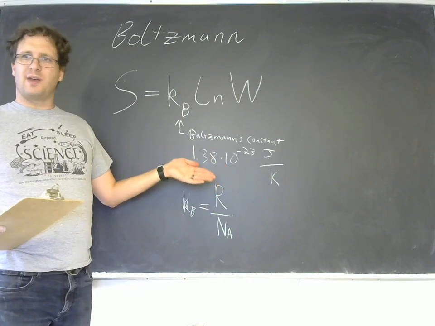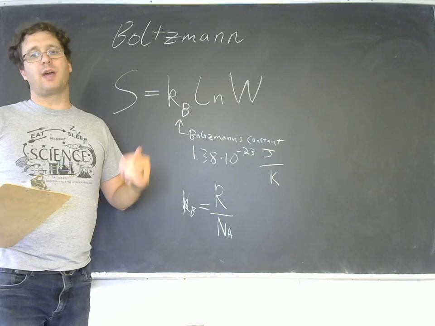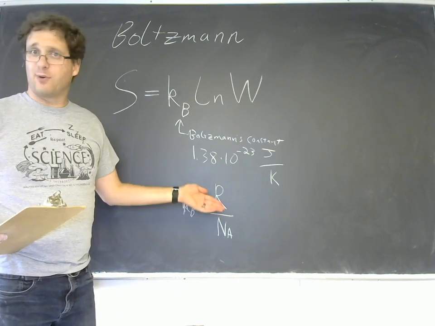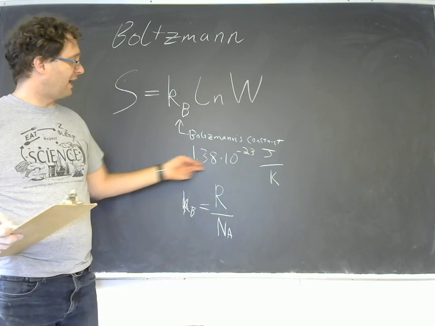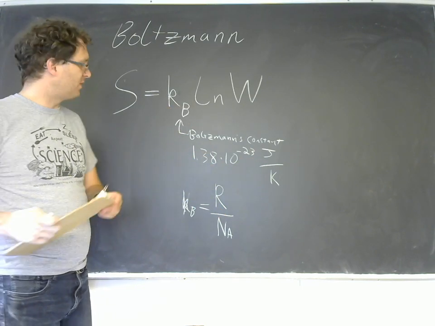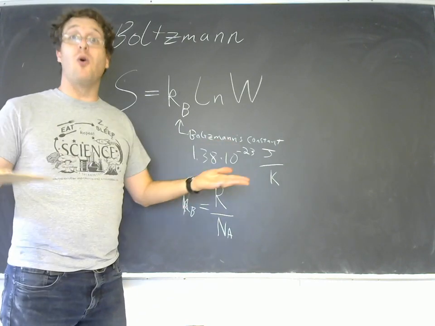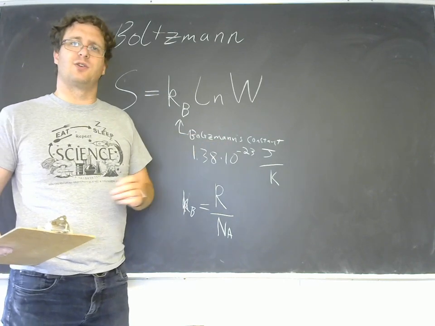One of them is 8.314 joules per mole Kelvin. If you divide that by Avogadro's number, that will get rid of the mole, and you'll just have joules per Kelvin, and it'll actually equal Boltzmann's constant. And so R is like the Boltzmann's constant for a mole, and Boltzmann's constant is the one for a single particle.